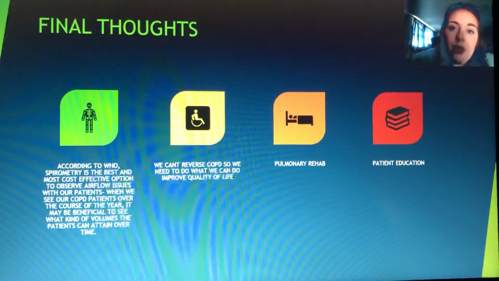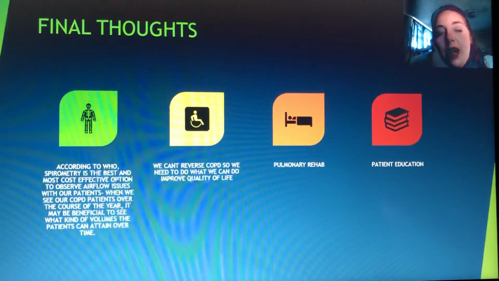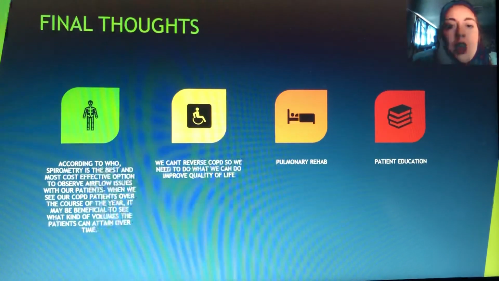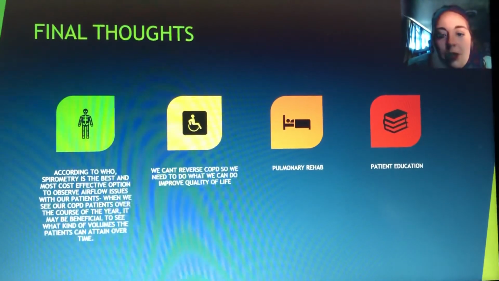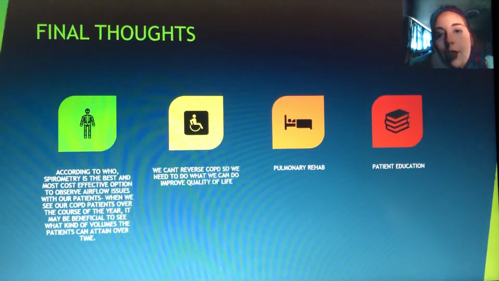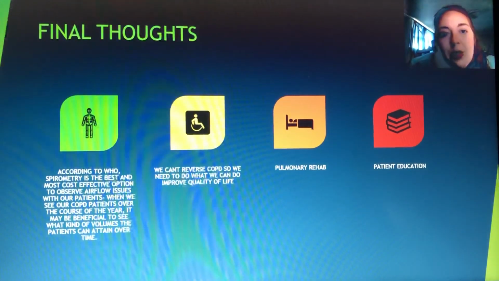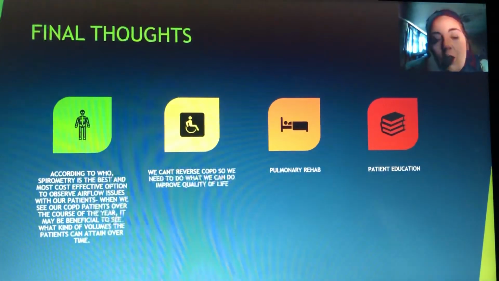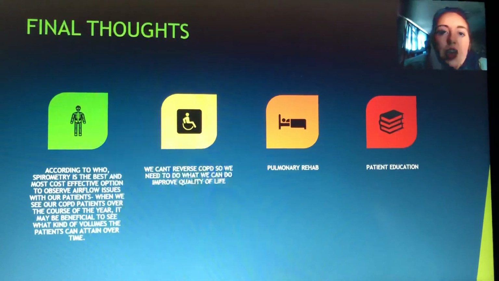And we know that we can't reverse COPD. So we have to treat the symptoms, and we have to do whatever we can to help our patients live a more fruitful life. So one of the things that I was able to do at my time in clinical was participate in pulmonary rehab, which I feel like is an excellent option for people who experience pulmonary issues. So in pulmonary rehab, maybe when the patient begins, they can only walk 5 minutes on the treadmill, and they need 4 liters of oxygen in order to do that.